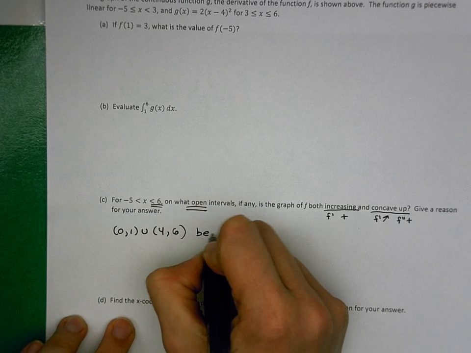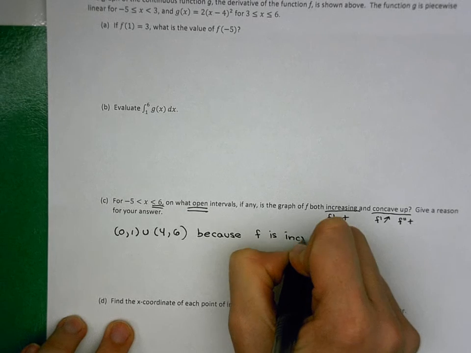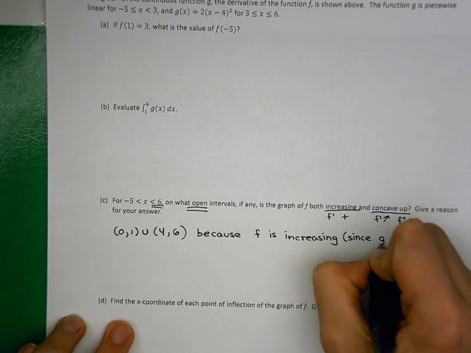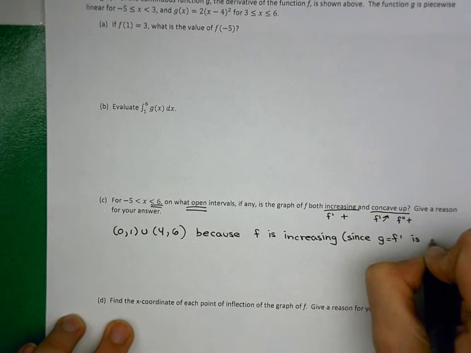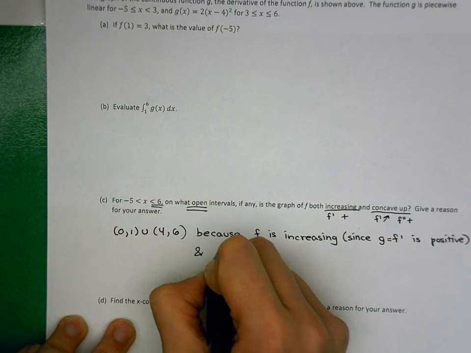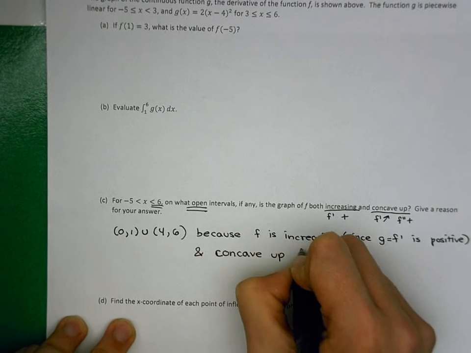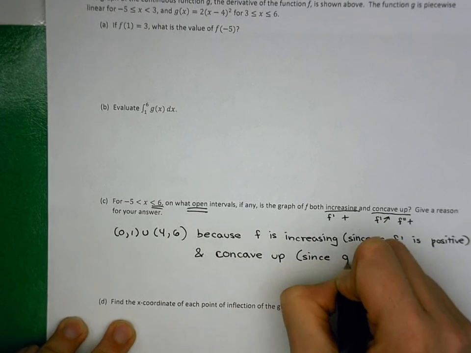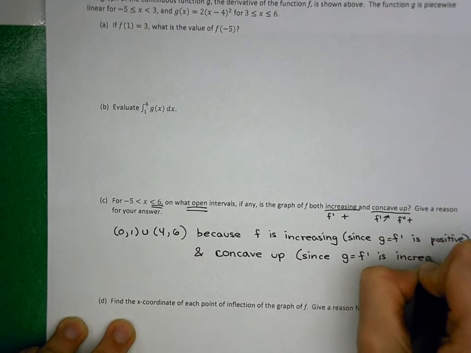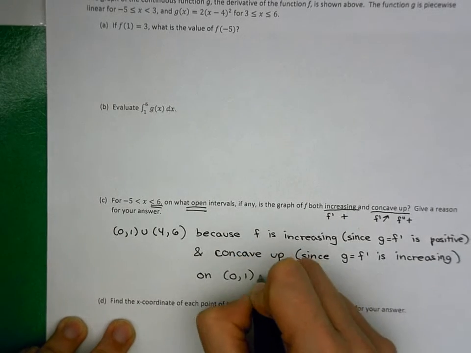Because f is increasing since g, or f prime, is positive and concave up since g equals f prime is increasing on 0 to 1 and 4 to 6.